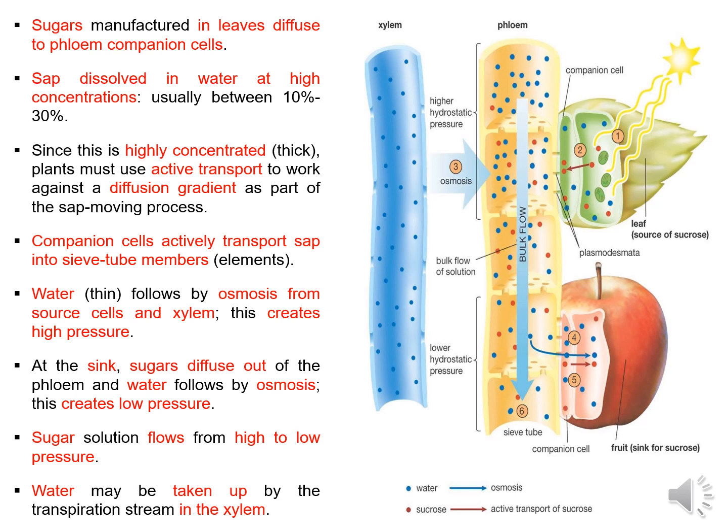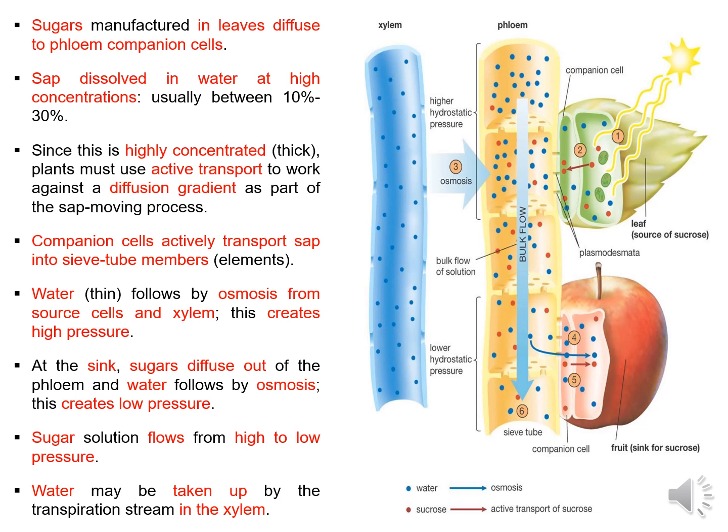At the sink, this highly concentrated sugar will diffuse out of the phloem, followed by water by osmosis. And this occurrence will create low pressure because there is no longer retaining of highly concentrated sucrose.